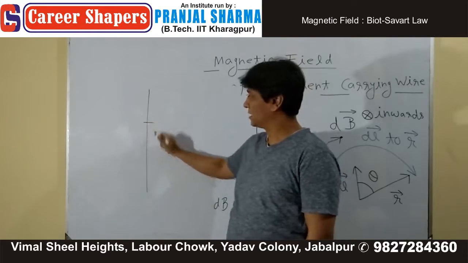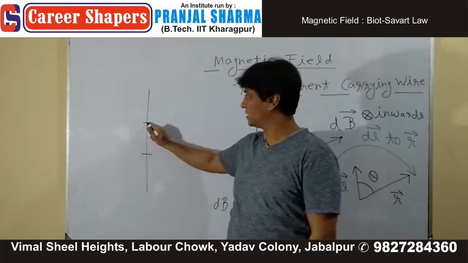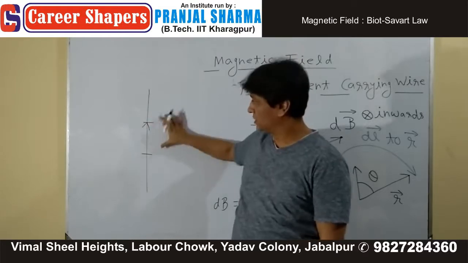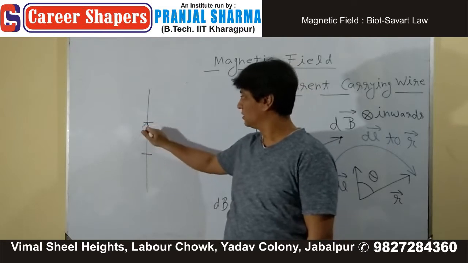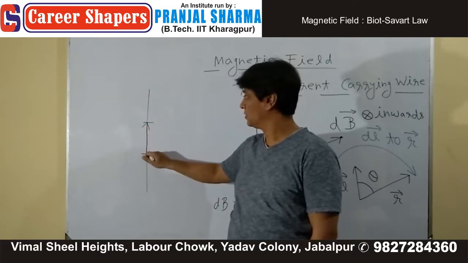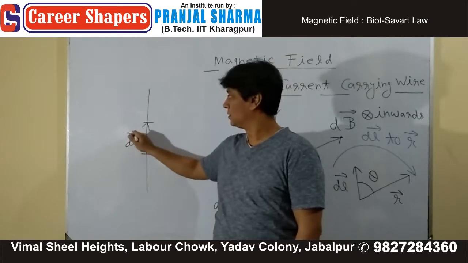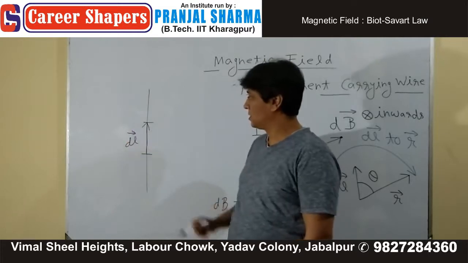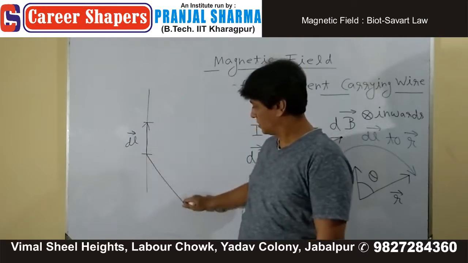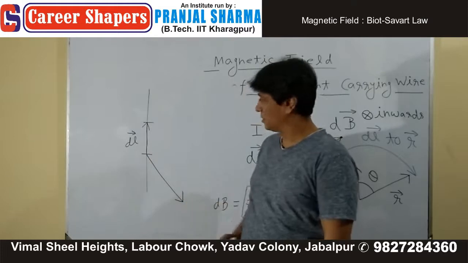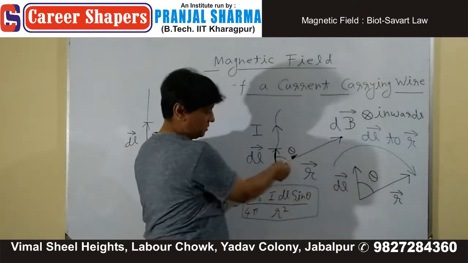Take a dl vector. These lines are just showing that the dl vector is within these two boundaries. This is your dl vector. Now if I take a point over here, not like this, but like this.